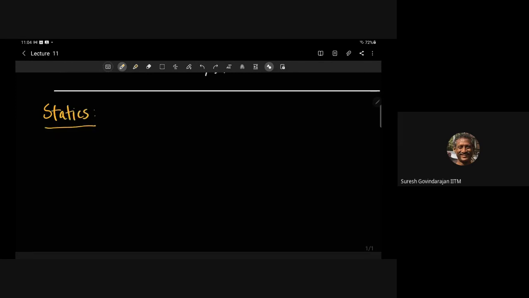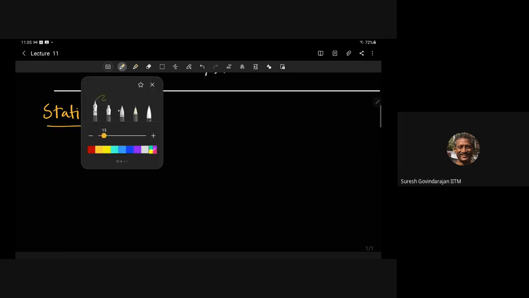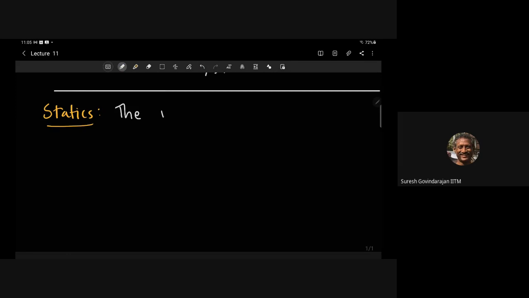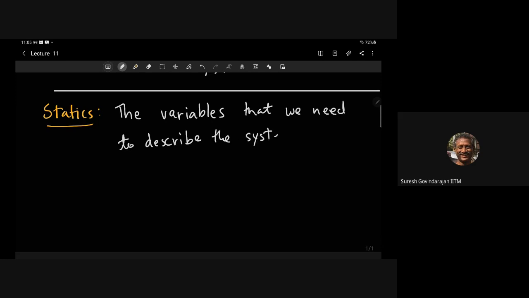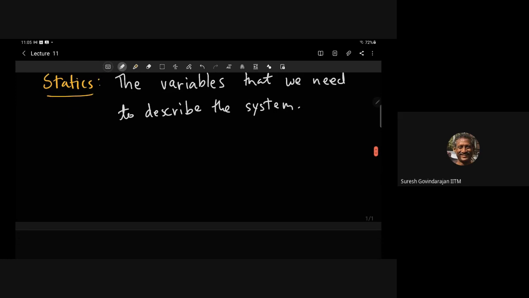As I mentioned, the variables that we need to describe the system, we won't call them the variables, we'll call them the degrees of freedom.